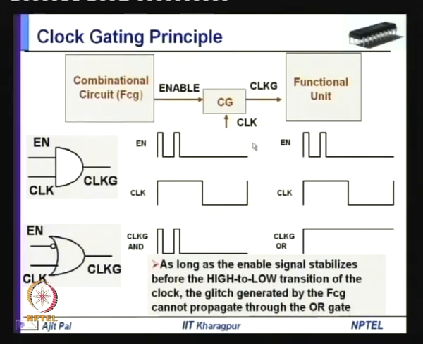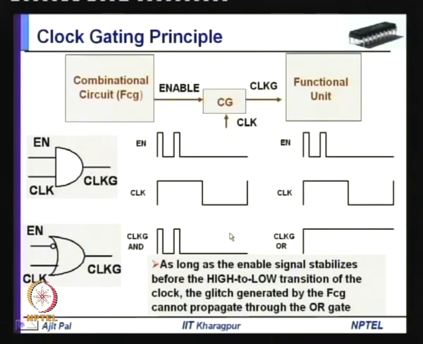That means, normally it is considered that all the glitching activities because of the delay within this part will be over during this duration, that is, half period of the clock. So, as long as that is satisfied, glitch will not reach the output. This is a slightly better circuit than the AND gating.